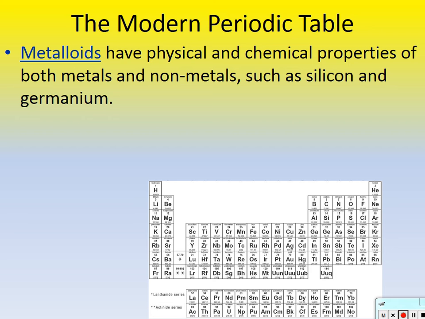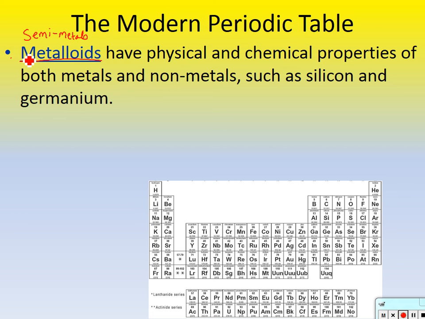Okay, there's another group on the periodic table that we've got to know, and they're called the metalloids. Some chemistry textbooks will write it as semimetals. So I want you, in your notes, to put this in the margin: semimetals and metalloids mean the same thing.